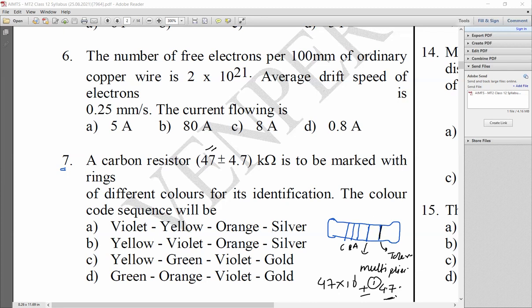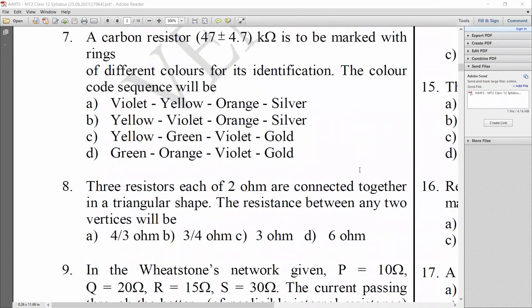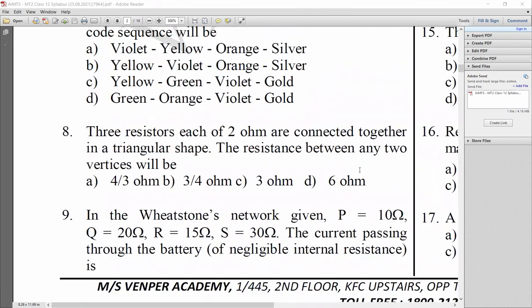Okay, next, coming to question number 8. Three resistors, each of 2 ohm, are connected together in a triangular shape. The resistance between any two vertices will be.